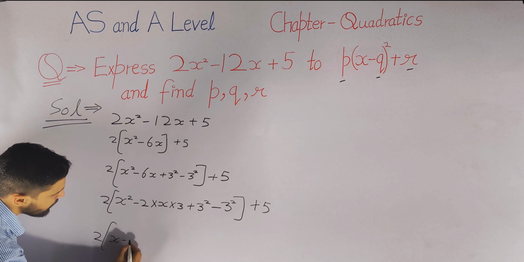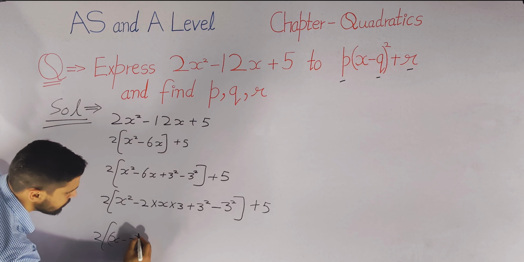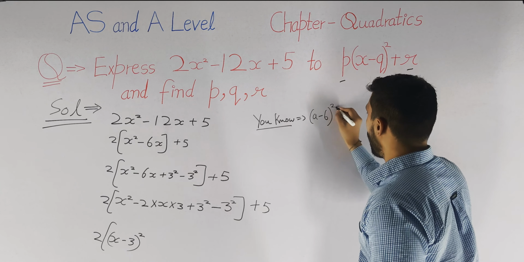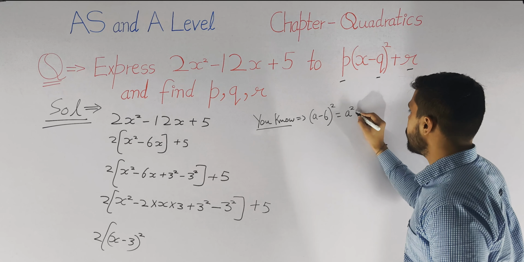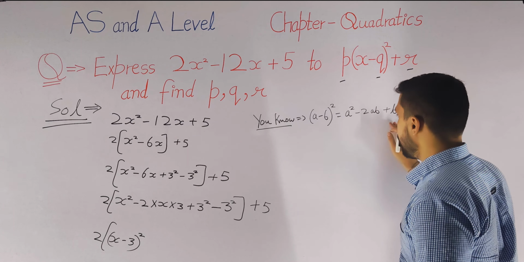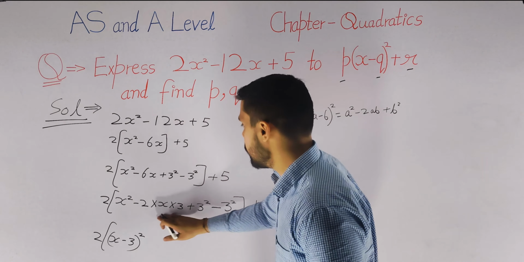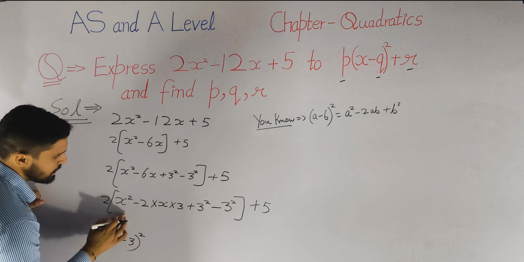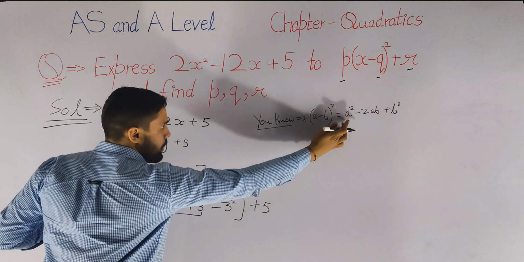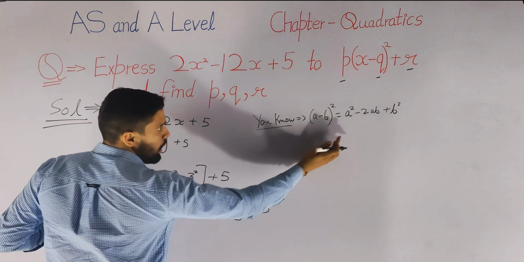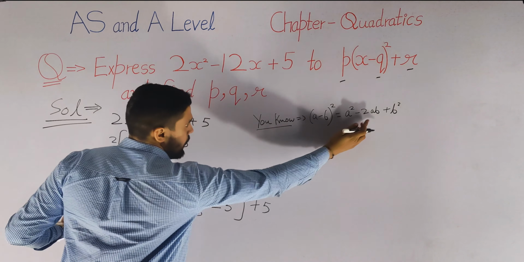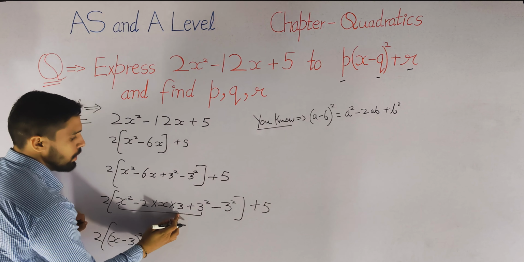And write this as x minus 3 whole square, because you know a minus b whole square is equal to a square minus 2ab plus b square, and we have used this identity here. That's why we have written this as x minus 3 whole square, because here we have a, here we have x, here we have minus 2b, here we have a, here we have x, here we have b, here we have 3.